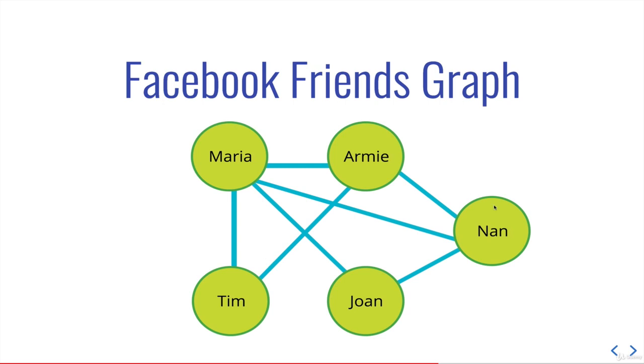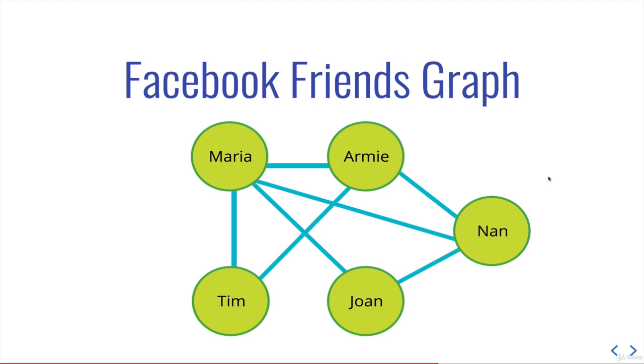You might recommend Nan based off of the fact that from Tim, we can get to Nan pretty easily. Nan is 1 jump away. We go to Army, 2 jumps, I guess. 1 and then 2. We go to Maria, 1 and then 2. And so we could write some algorithms, traverse outwards, find friends of friends. Whoever looks closest, whoever has the most friends of friends with me, recommend them.